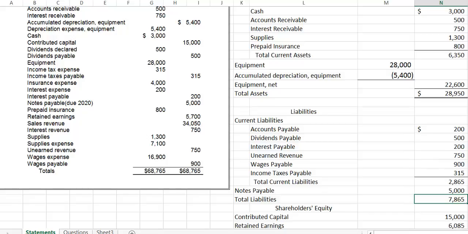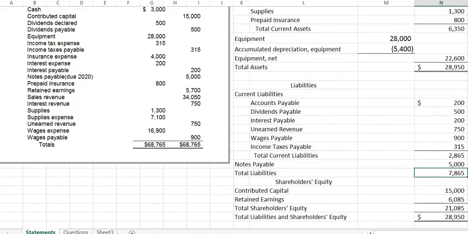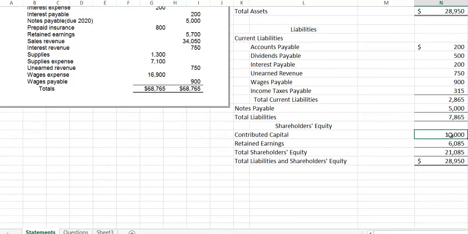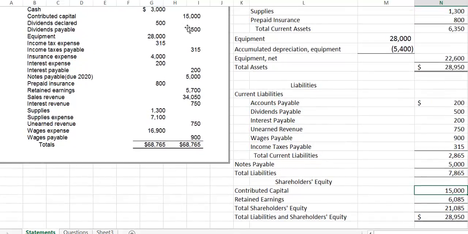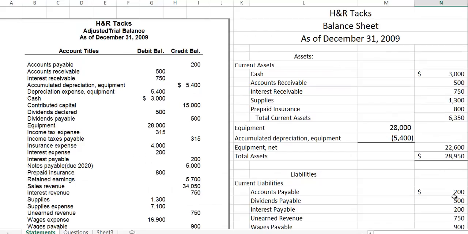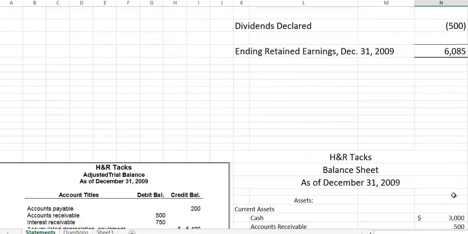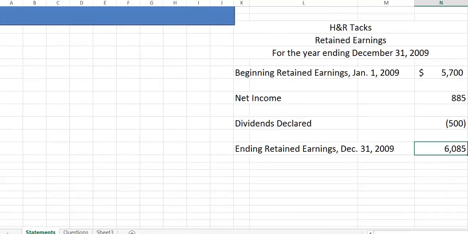Our shareholders' equity, we only have two accounts. We have our contributed capital account, which we see here on our adjusted trial balance is $15,000. And don't forget our retained earnings. Remember, we calculated our retained earnings up here, the ending balance, when we did our statement of retained earnings.